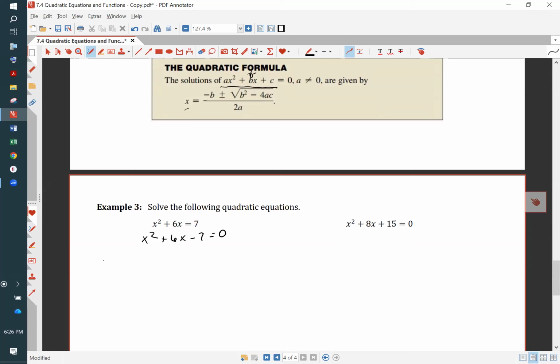All right, so here's how to use it. X equals negative b. Well, our b is 6, right? Negative 6 plus or minus the square root of 6 squared minus 4 times our a, which is 1, and our c, which is minus 7, divided by 2 times a, which is 1.